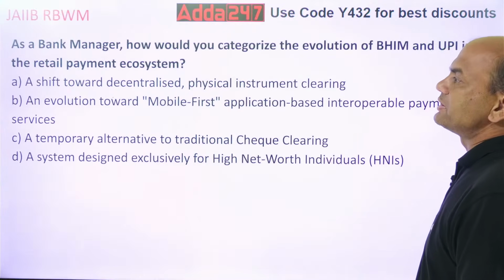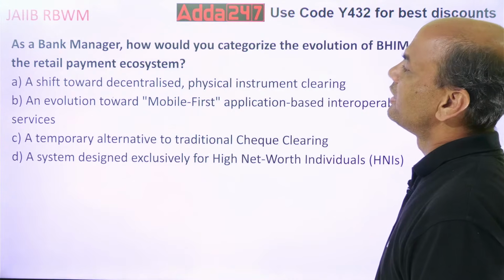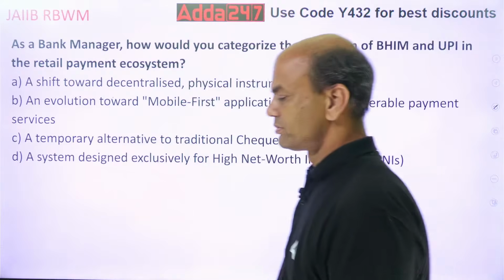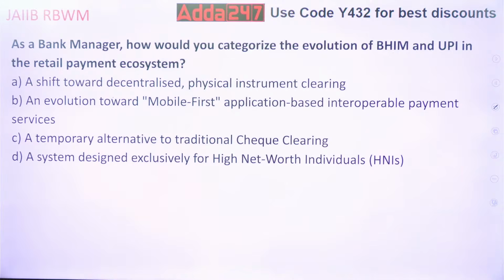As a bank manager, how would you categorize the evolution of BHIM and UPI in the retail payment ecosystem? Think. As a bank manager, you have to think now. A shift towards decentralized physical instrument clearing, an evolution towards mobile-first application-based interoperable payment services, a temporary alternative to traditional check clearing, a system designed exclusively for high net worth individuals.